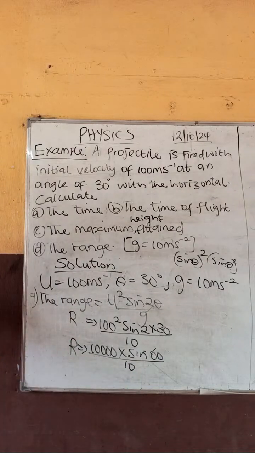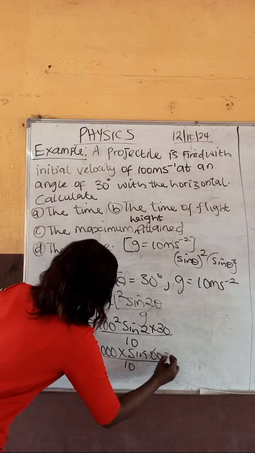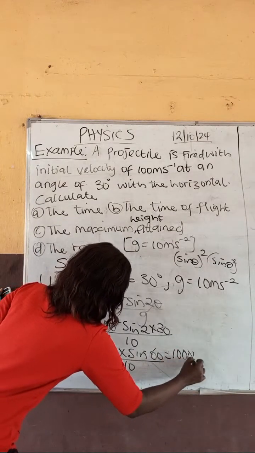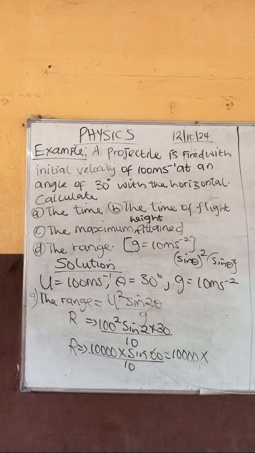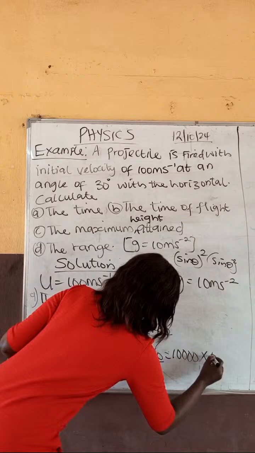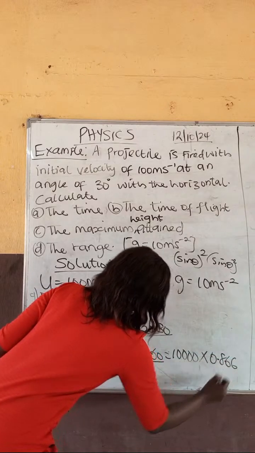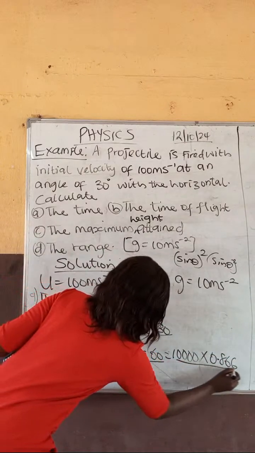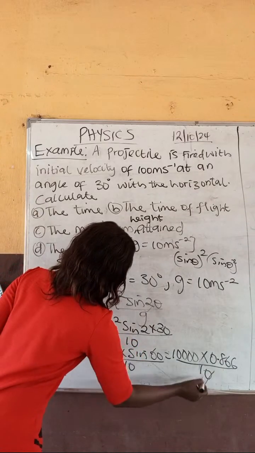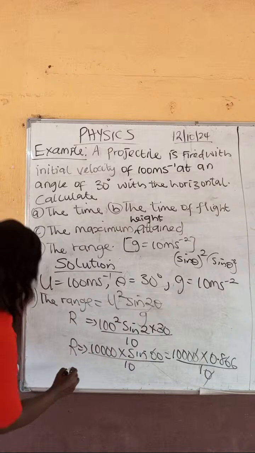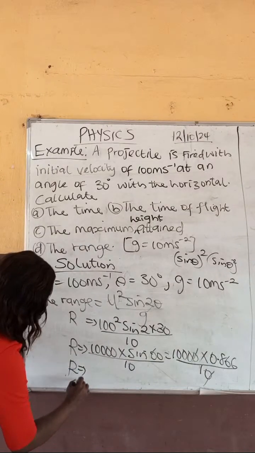Let's work it out by saying this is 10,000 times sine 60, which is going to give me 0.866, then divided by 10, right?